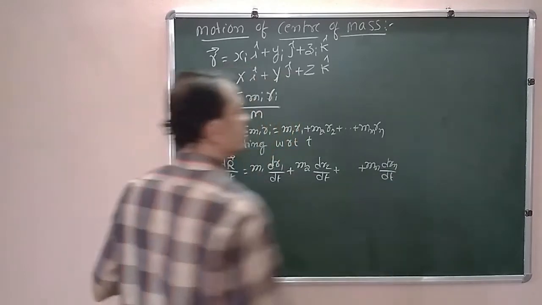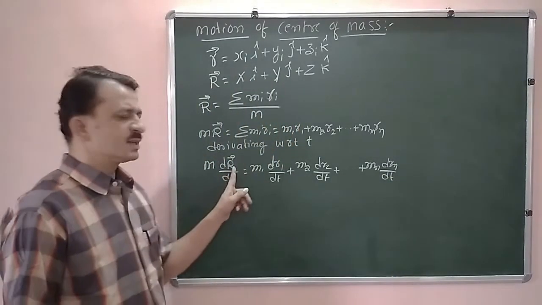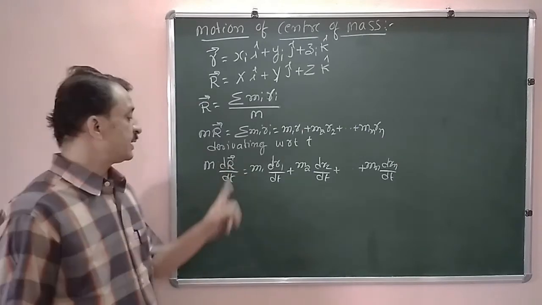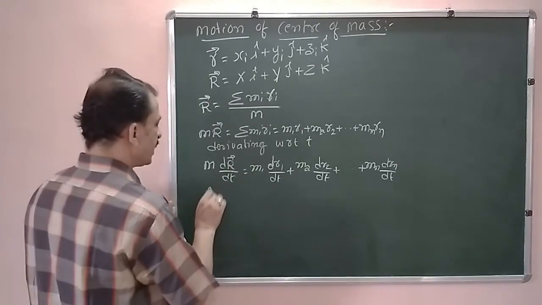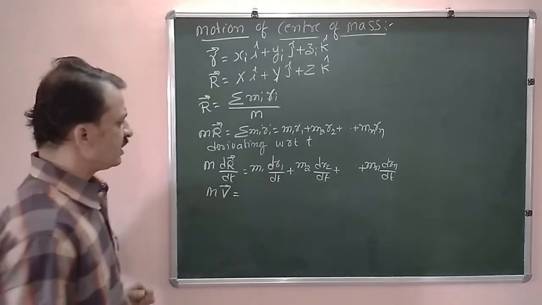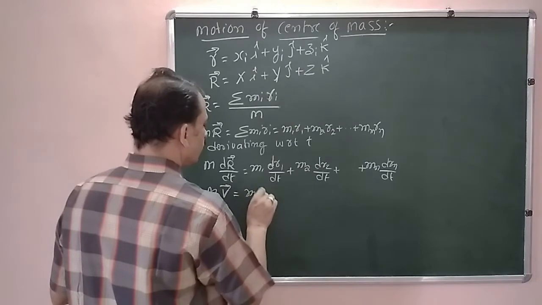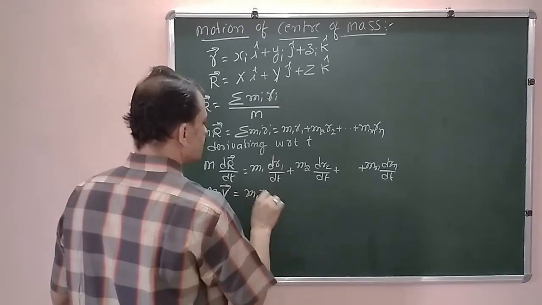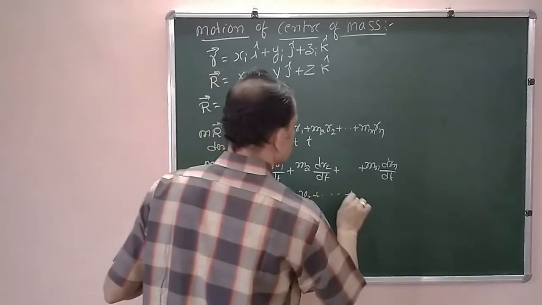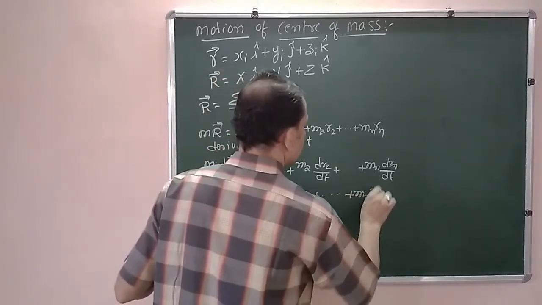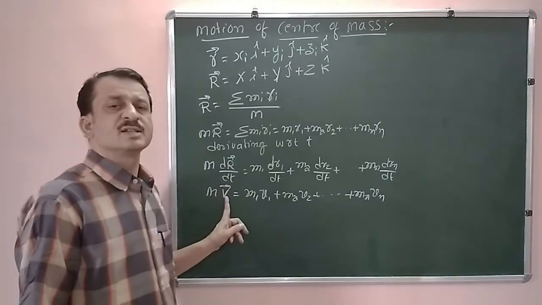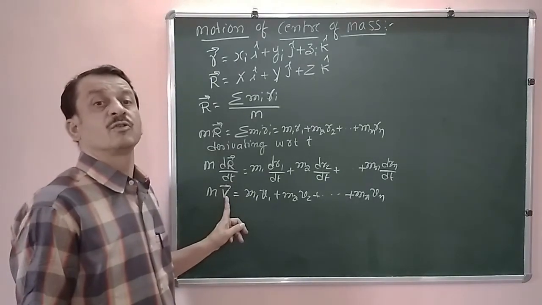mn drn by dt. Now since r is the position vector, the rate of change of displacement or position is represented by the velocity v. So M v is equal to m1 v1 plus m2 v2 plus etc. mn vn. Now what is v? It is the velocity of the center of mass.